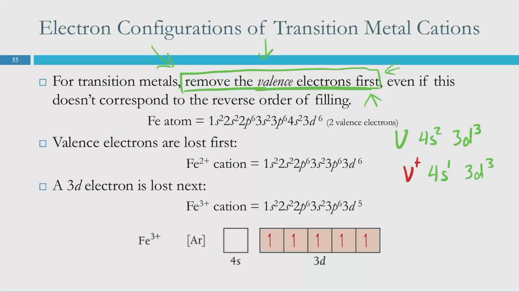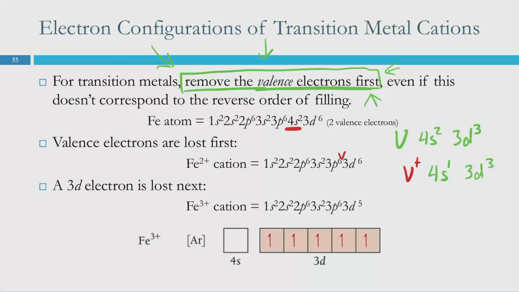So if we are looking at iron, this is our iron electron configuration. So we've got 4s2, 3d6. If we have iron 2 plus, what we've done is we've removed the 4s2. So we take off the 4s2. Notice that no 4s2 here in our Fe2 plus cation.